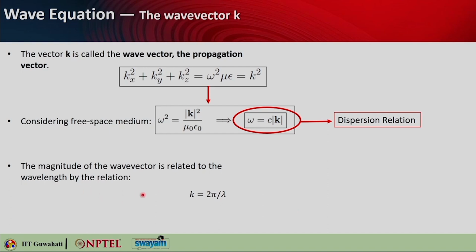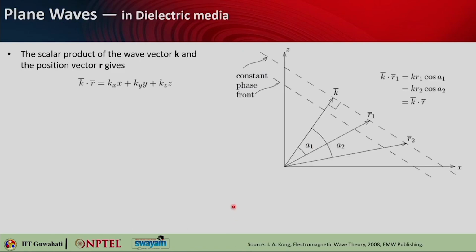Here the magnitude of the wave vector, when you take the modulus of this k vector, you can write as simply k, and that is nothing but 2 pi over lambda. What is lambda? Lambda is the wavelength of light. Here we are considering everything in vacuum, so it will be the wavelength of light in vacuum. If you consider any medium, it will be the wavelength of light in that particular medium.